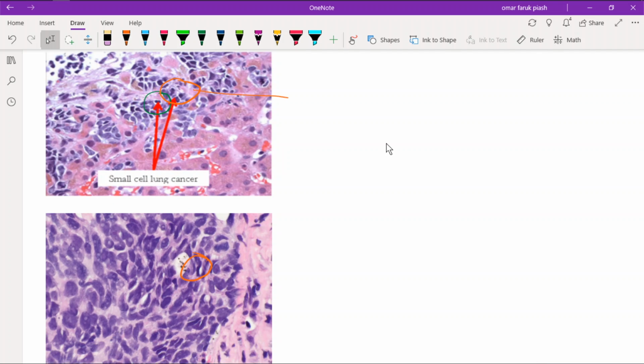It indicates that it is a neoplasm of the neuroendocrine cells of Kulchitsky. It is a neuroendocrine tumor, derived from neuroendocrine cells of Kulchitsky.